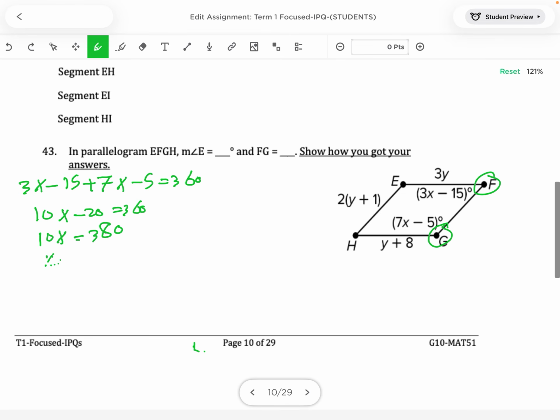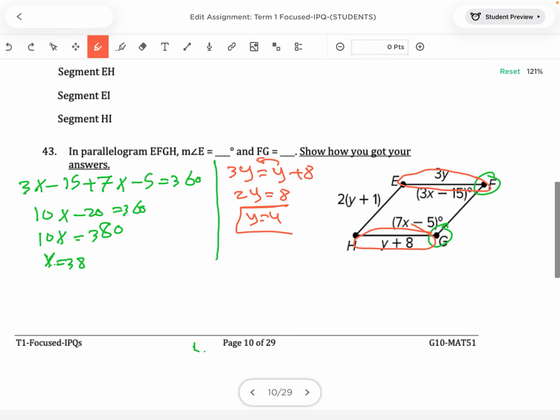So x will be 38. For y, we can see that these two sides are opposite to each other, so they are equal to each other. So 3y equals y plus 8. Send the y to the other side. 2y equals 8. That means y equals 4.